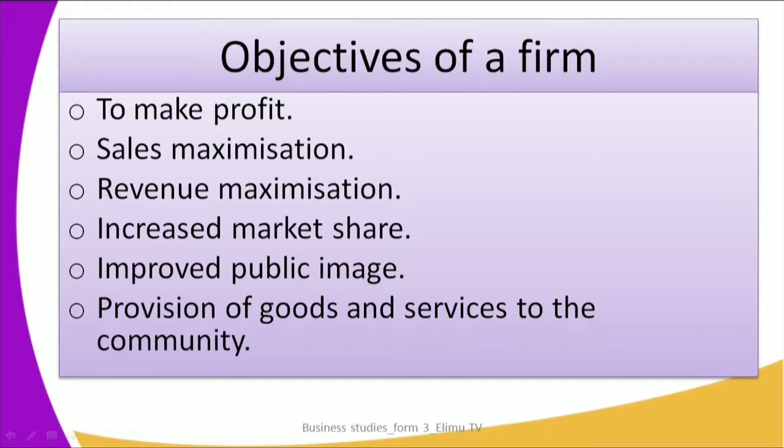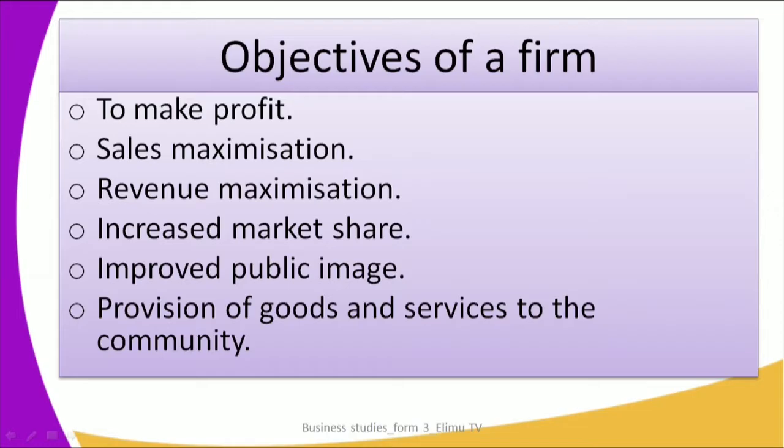The other one is improved public image, and this is how the public or the consumers think of the farm. A farm looks forward to improving its public image, and that is done through a number of ways. For example, some farms volunteer to clean the environment for the people living around the farm.